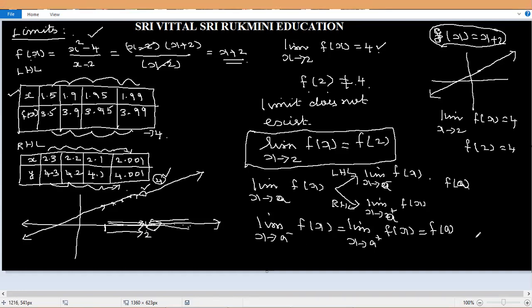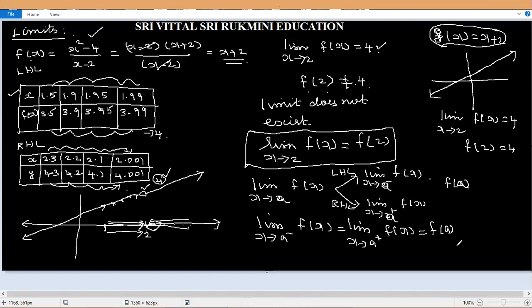If these three are equal, then we say that the limit exists, and I'm introducing the next word, it is continuous. Please give me one more minute to explain it once again.